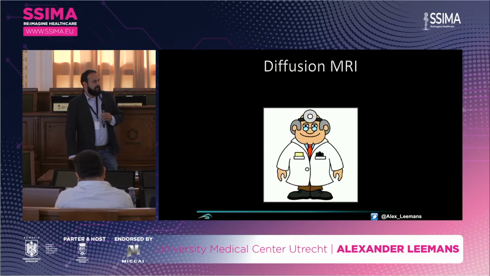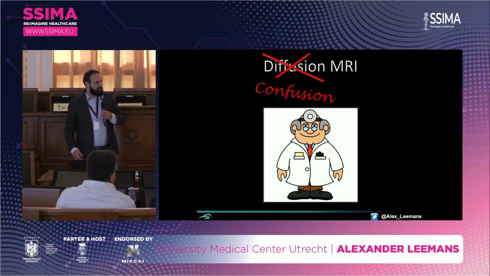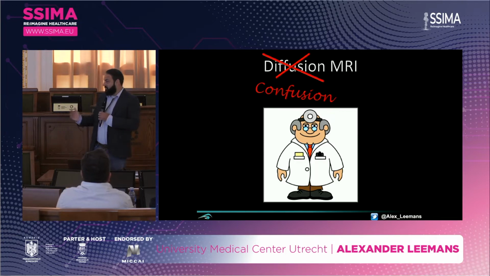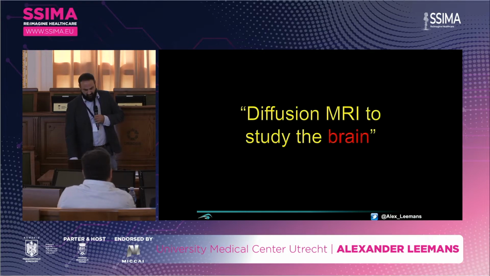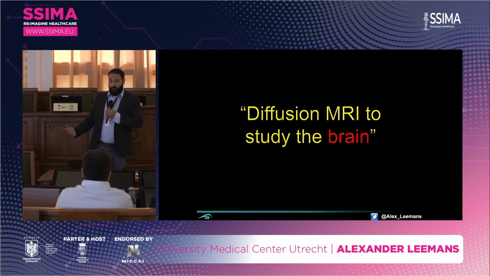For many clinicians, diffusion MRI, they often talk about confusion MRI because it's quite a difficult topic. So for those few medical doctors in the audience, I will try to explain diffusion MRI in a very simple way. And for the engineers, I'll quickly start with showing what a brain is.